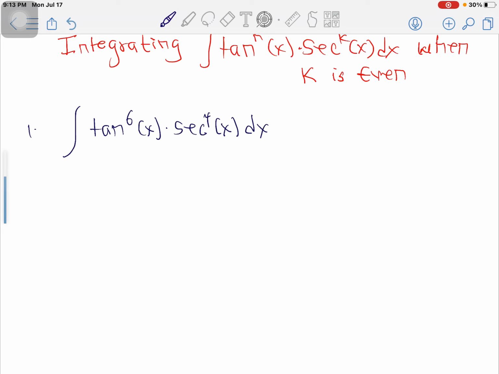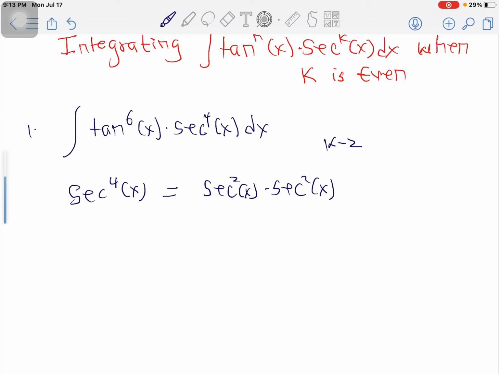Having the integral of tan to the power 6 of x sec to the power 4 of x dx, the 4 is even, which is the power of sec, and therefore we can rewrite sec to the power 4 of x as sec square of x times sec square of x.